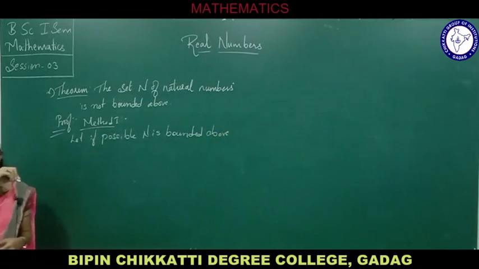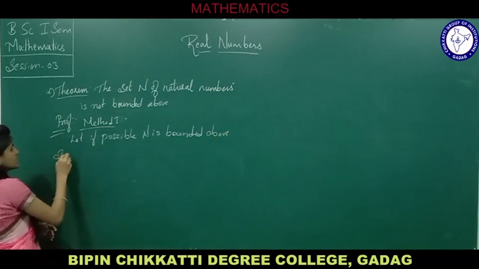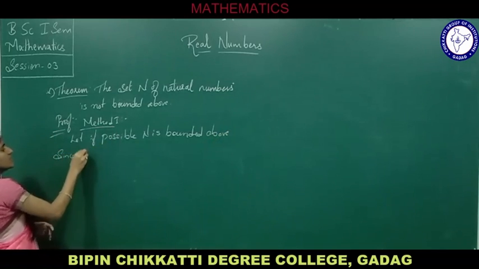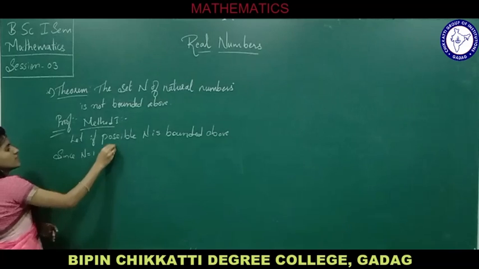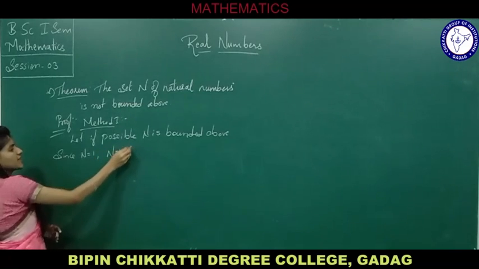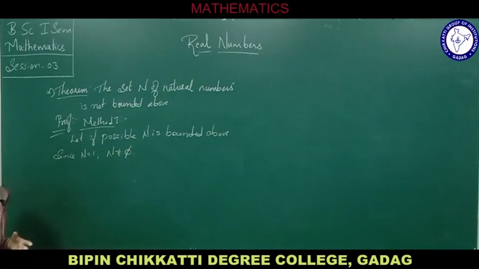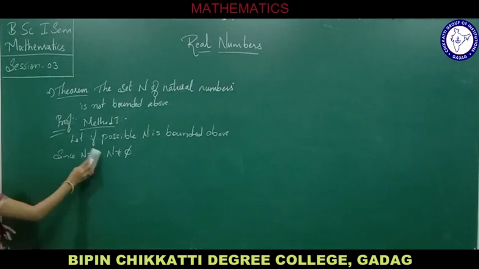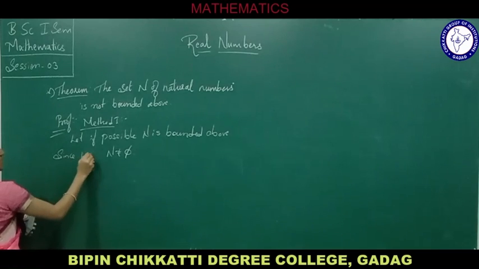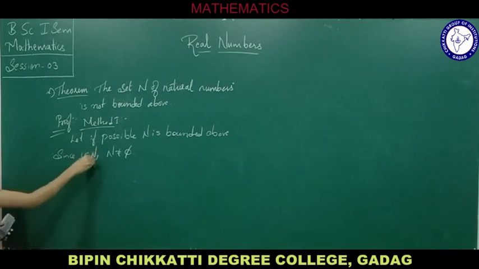See what happens if N is equal to 1, N will not be an empty set, right? Then N became a non-empty set first of all. If 1 belongs to N, 1 is a natural number, right? If 1 belongs to N, so what is going to happen?